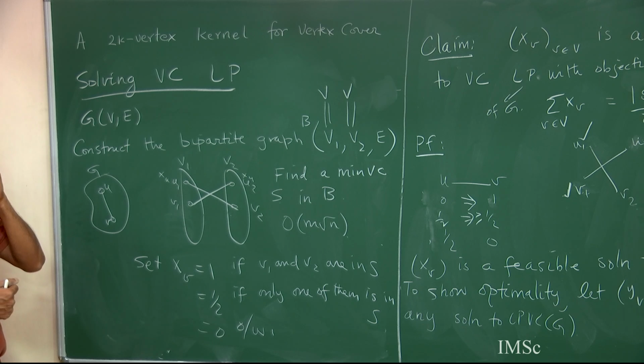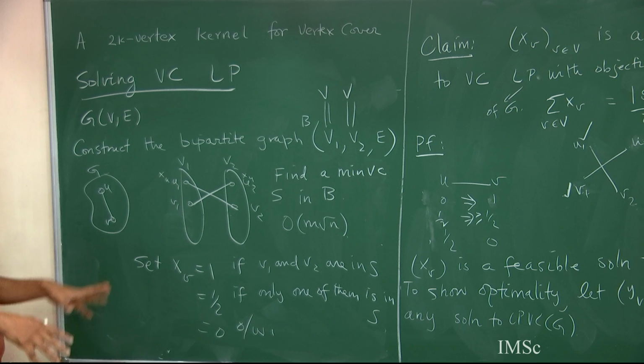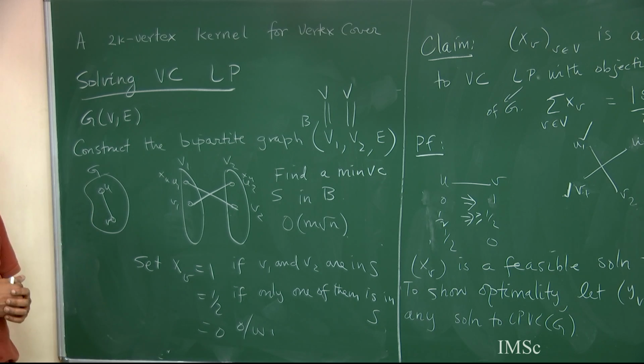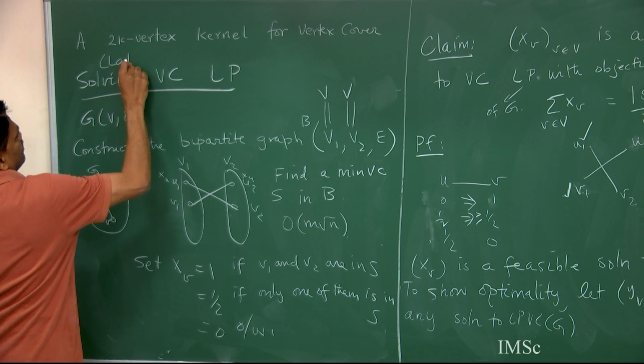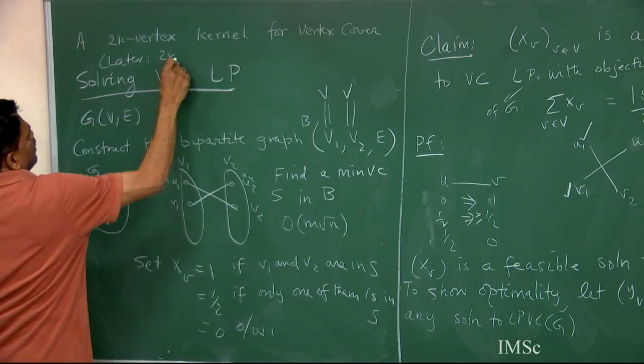Okay. Later, when we will do actually branching algorithms to show fixed parameter tractability, we will improve this even further to 2k minus log k.